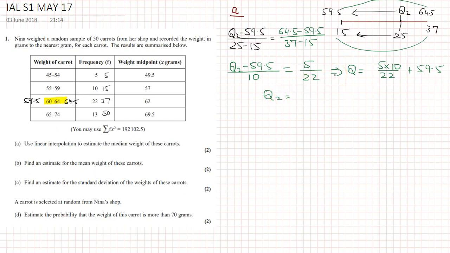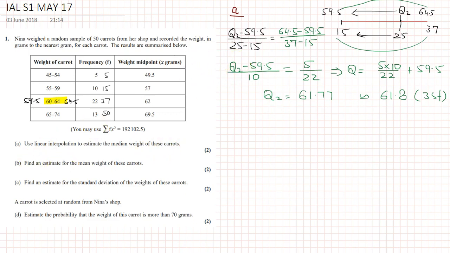So Q2 will be equal to 61.77, which is 61.8 to 3 significant figures.